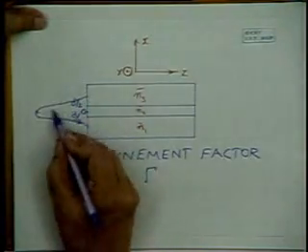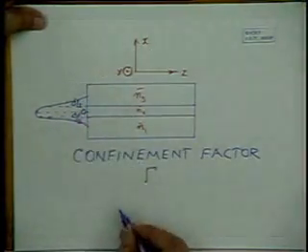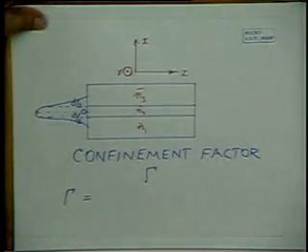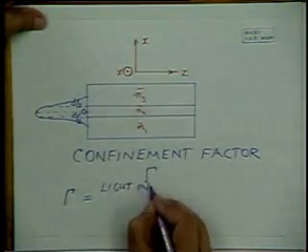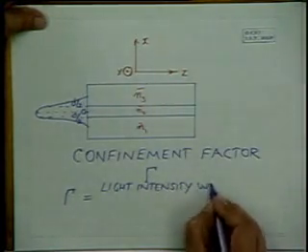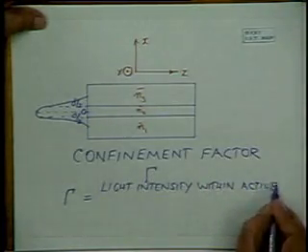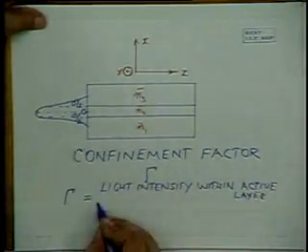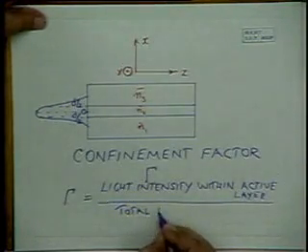And gamma is defined as the light intensity within the active layer to the total light intensity.